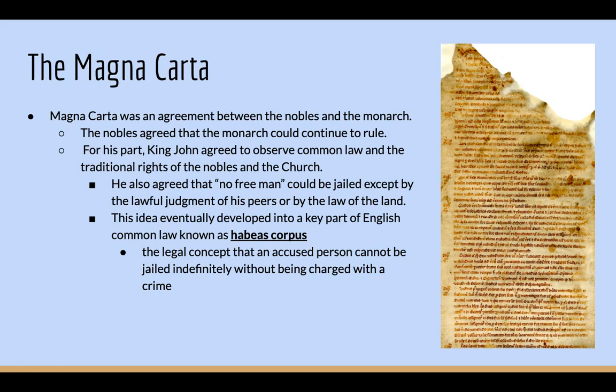Okay, so this also persists in US legal practices as well. So you have to be charged with a crime. You cannot just be held in a jail without being formally charged, without being informed of why you are being held there.